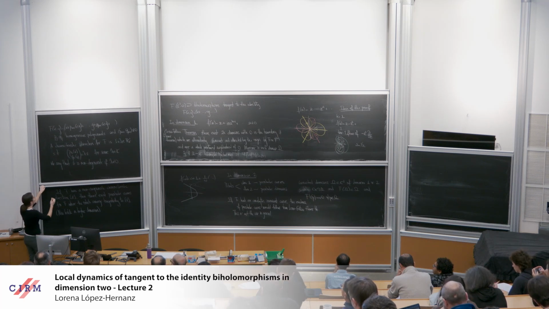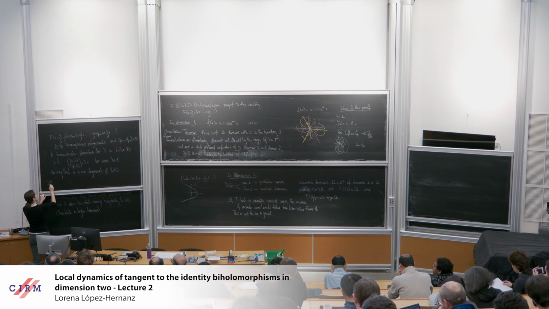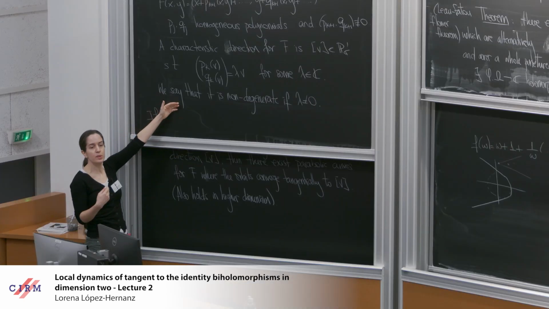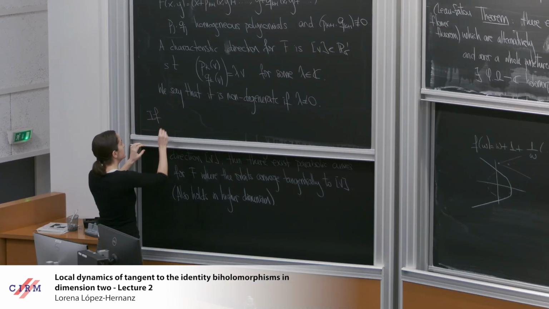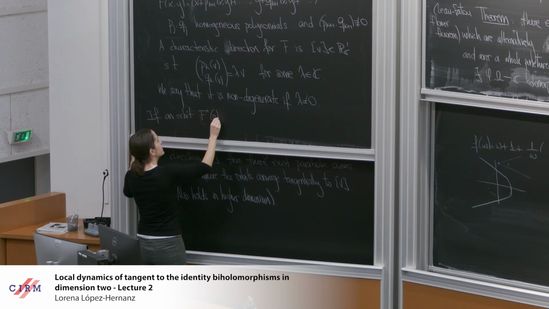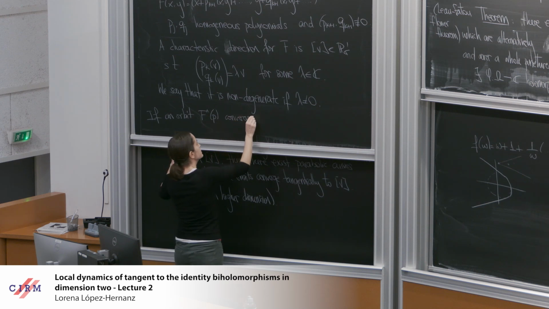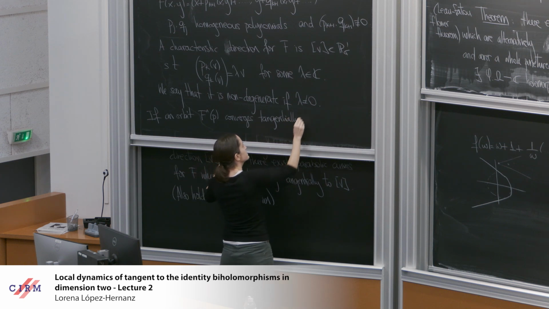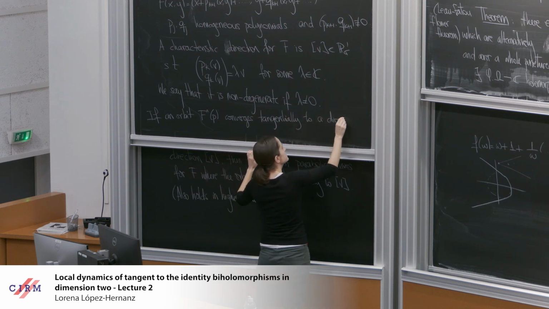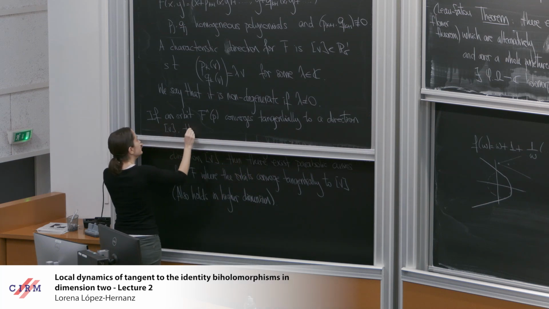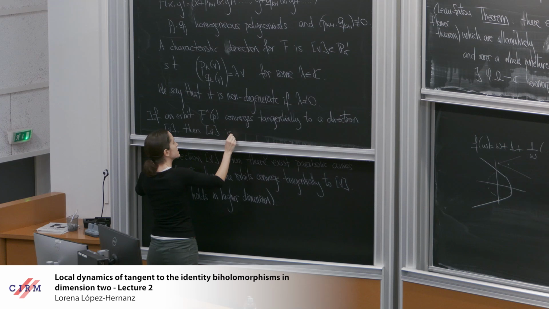They satisfy the following property: if an orbit of a point p under F converges to 0 tangentially to a direction V, then V is a characteristic direction.